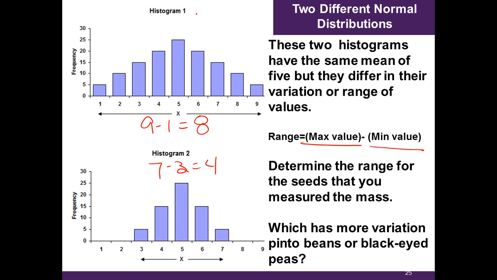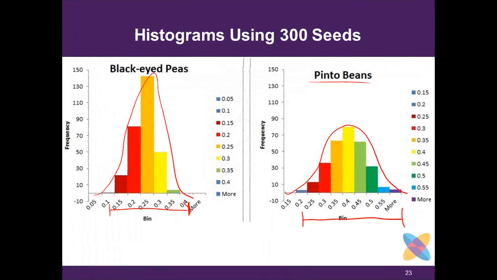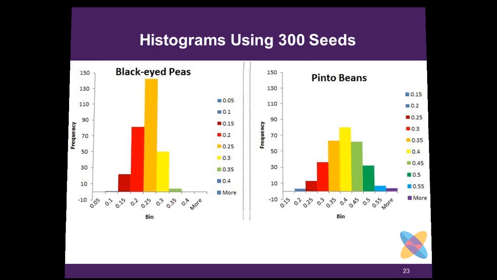So there's more variation, more spread, in histogram 1 than in histogram 2, and they both form a normal distribution. If you go back to our black-eyed peas and pinto beans, the range is greater with the pinto beans than with the black-eyed peas.